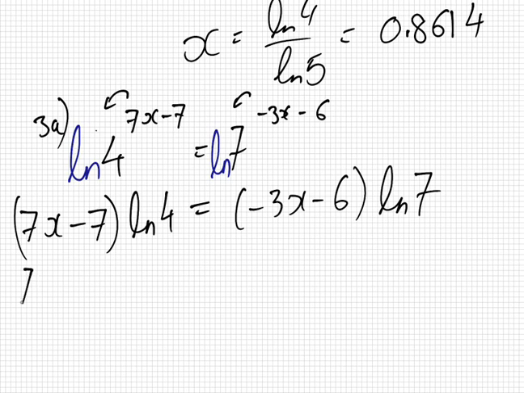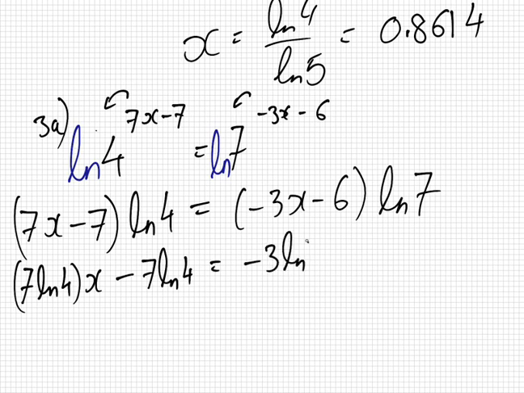So here you get 7 log 4 x minus 7 log 4 equals minus 3 log 7 x minus 6 log 7. Just multiplying it out, but it's just backwards, that's all.